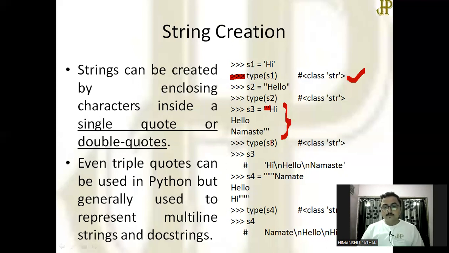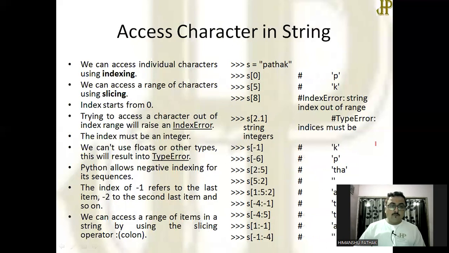Okay. So whenever I print S3, it shows that I have entered a new line character, \n. In C or C++, you have heard about escape sequences. So \n represents the new line character. Clear? So, moving on further, how to access characters in a string.